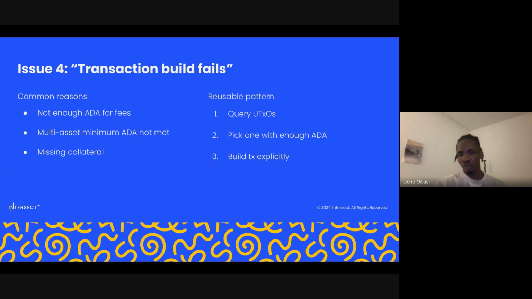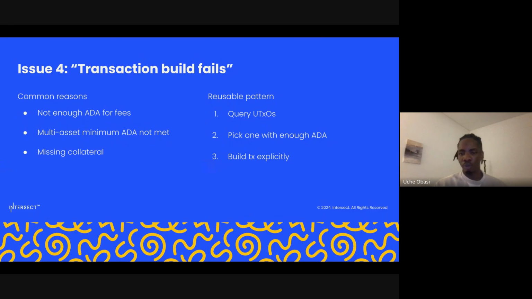When you experience any of these issues, some reasonable patterns you can follow are to query the UTXOs, and to pick one with enough ADA, pick an address with enough ADA, so you can cover for fees and meet the minimum ADA requirement.